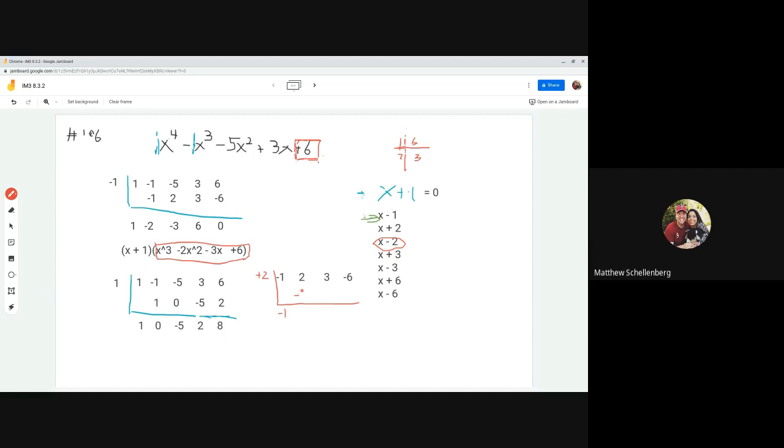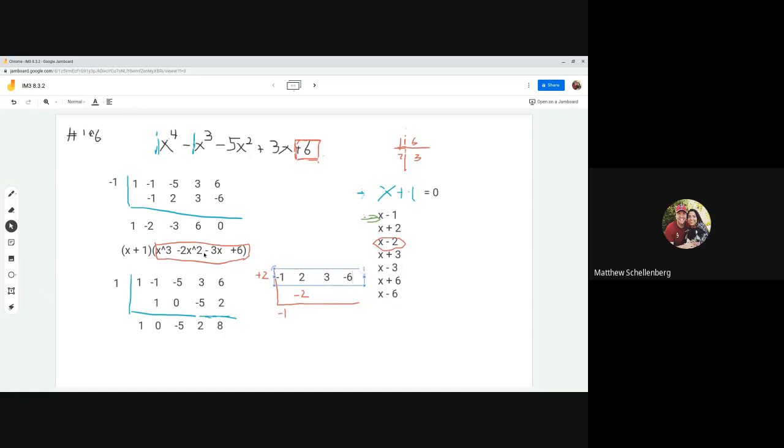So that gives me minus 2. And wait, why is there a negative 1? It's not negative 1. Okay, I got to redo this. I'm sorry, I did that one too quickly. It's been a long week and not a lot of sleep.